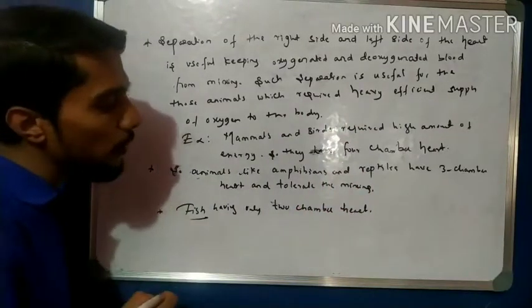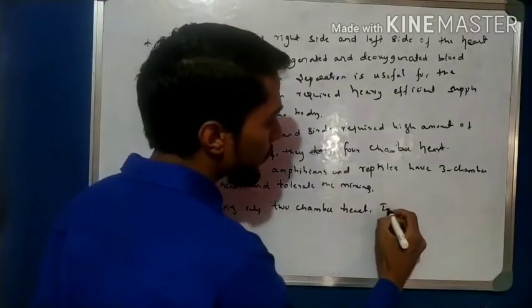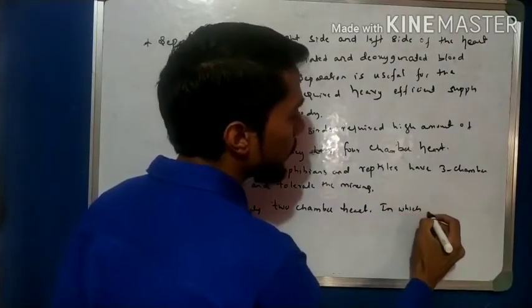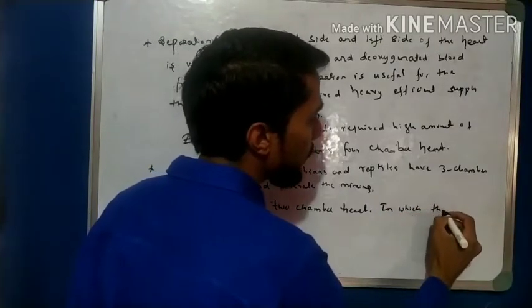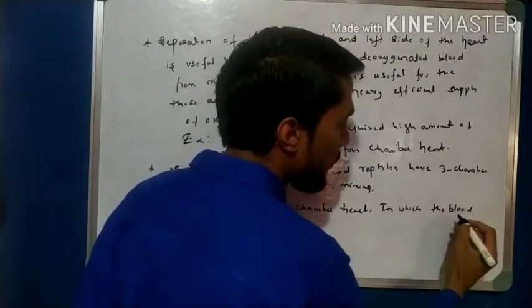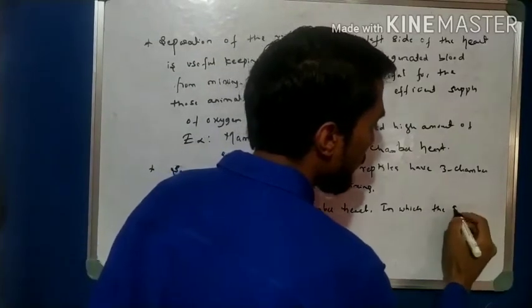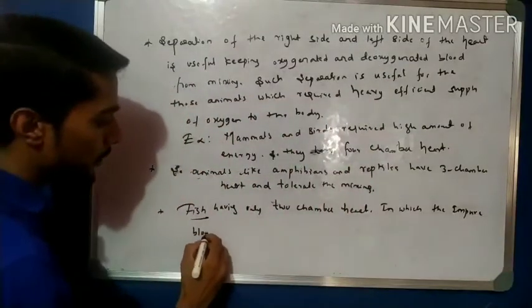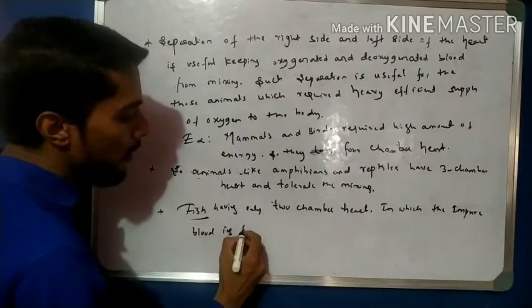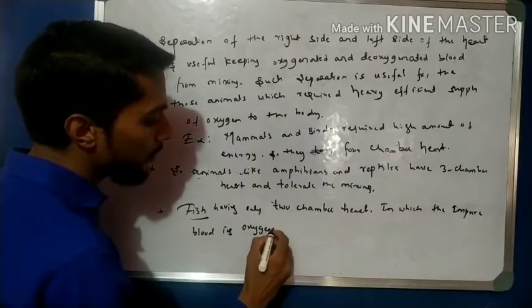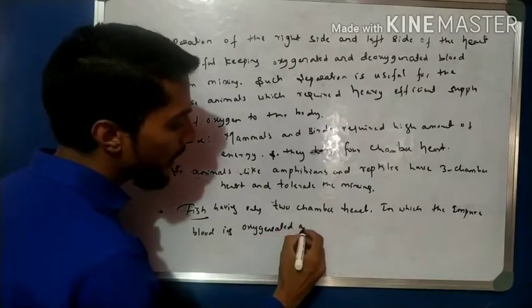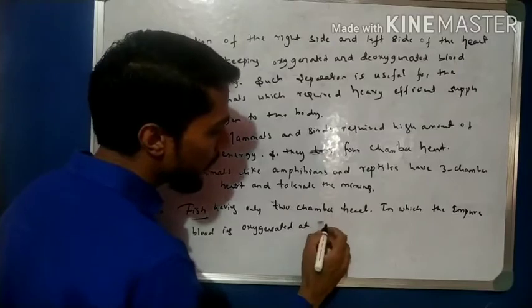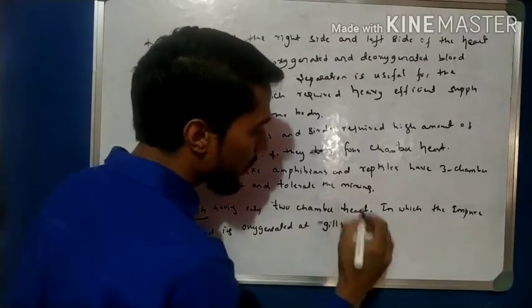Fish, having 2 chambers, in which the impure blood is oxygenated at lungs, gills. In fish it is gills, right?